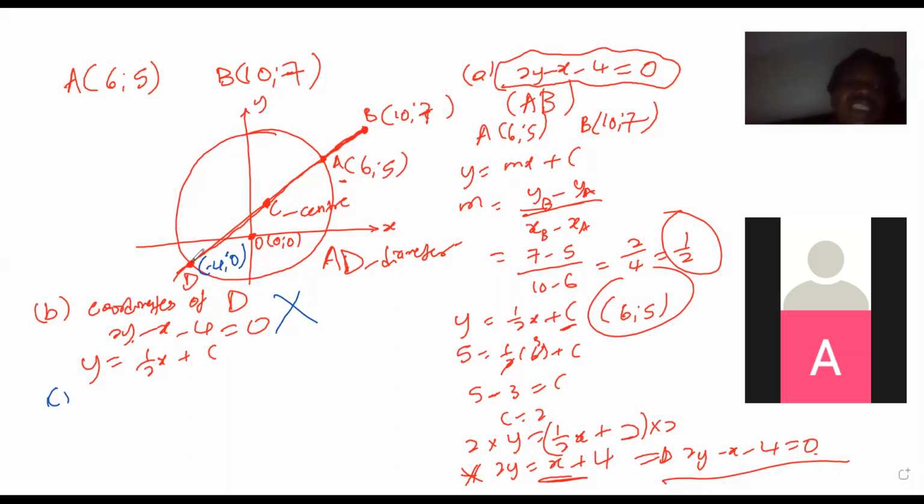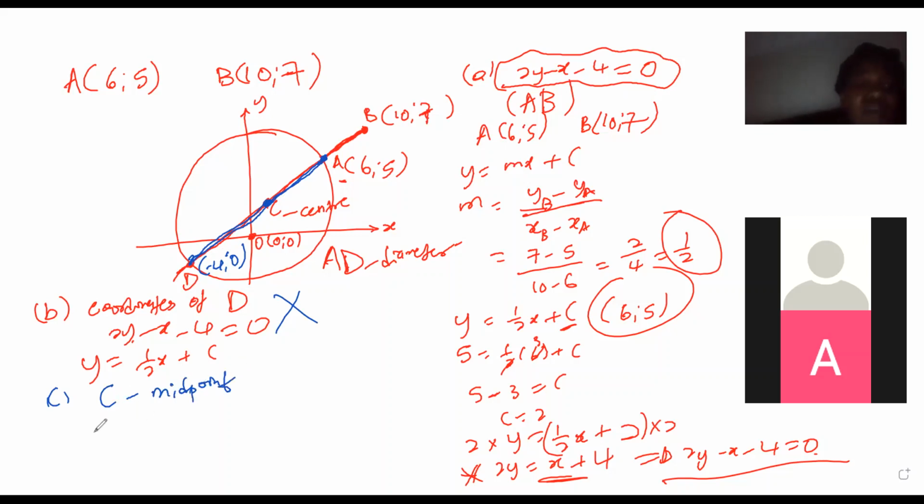If you look at it, they said DA or AD is a diameter. If this is a diameter, that means from the center C to point A is a radius. Also from center C to D is another radius. Therefore, C is the midpoint of this line.